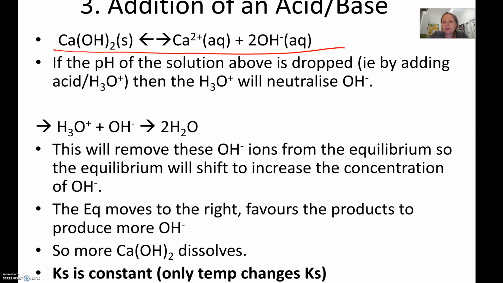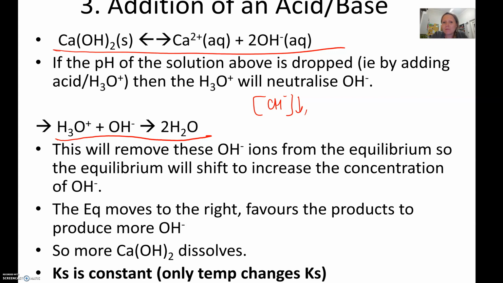So what could we do to change the concentration of hydroxide ions? If we wanted to decrease the concentration of hydroxide ions, we would add an acid. If we add H3O plus particles, this side reaction happens where H3O plus and OH minus join together to form water, and this is neutralization, and this is a one-way reaction.